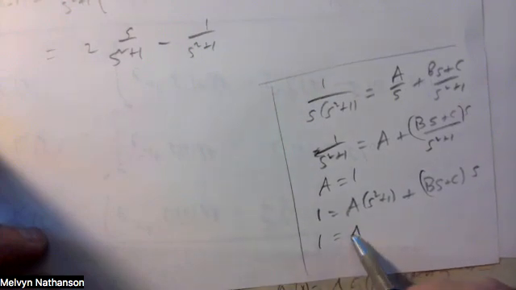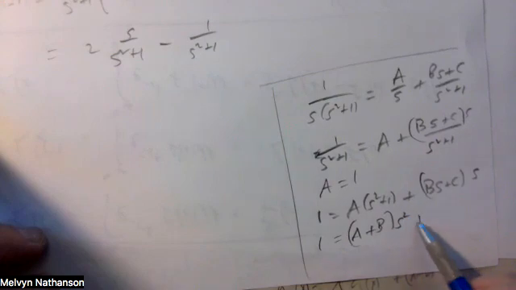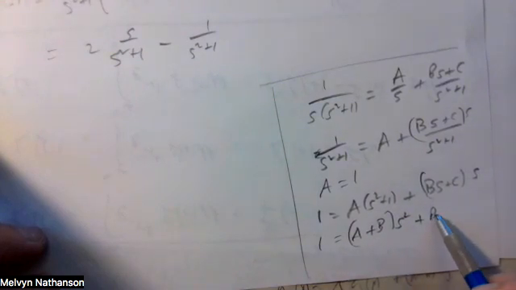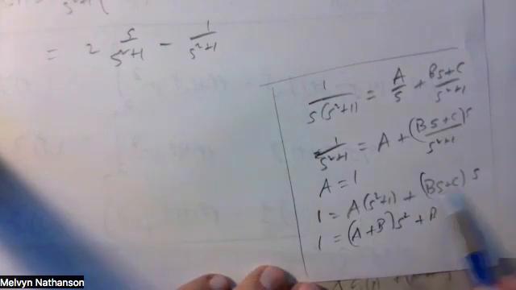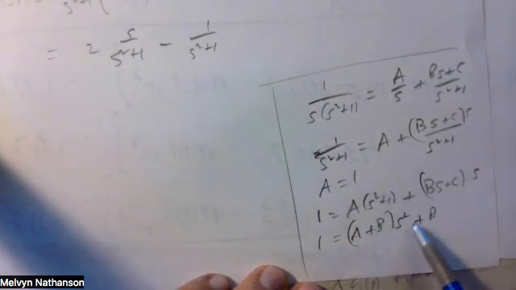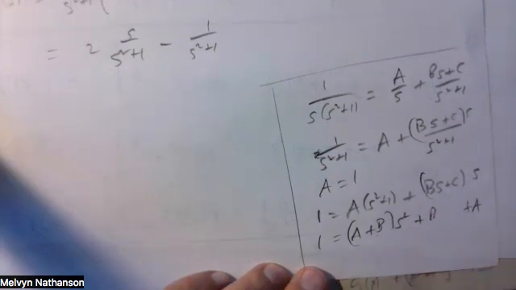This is a plus b s squared, plus, because I have bs squared and a, so I have a plus bs squared. I have a plus a, and I have plus c times s.